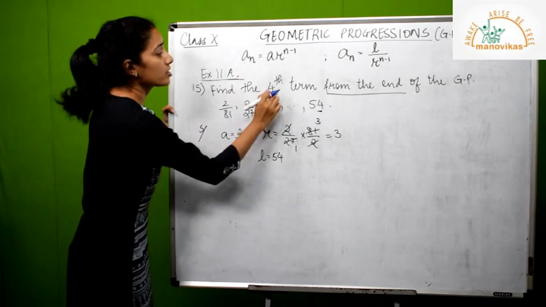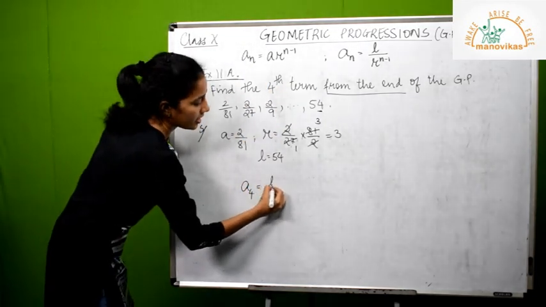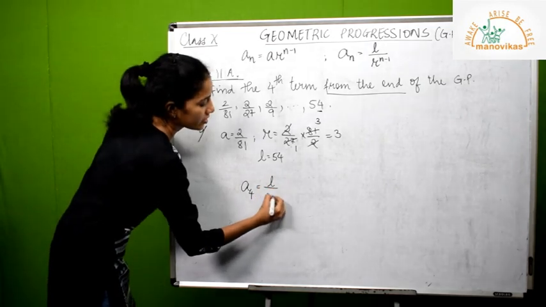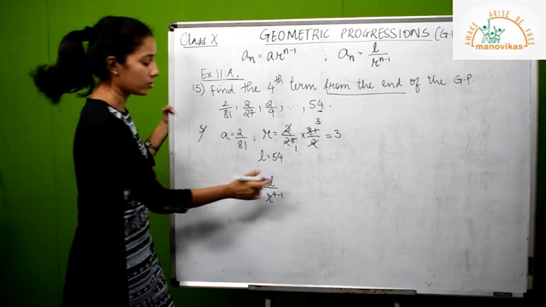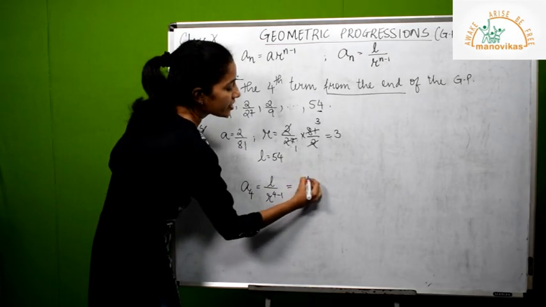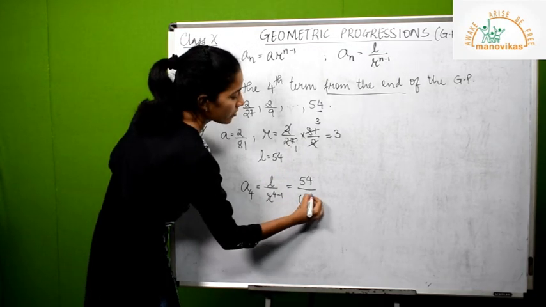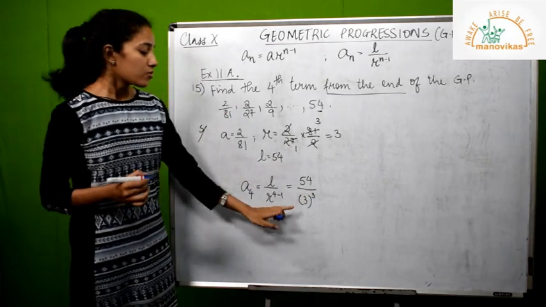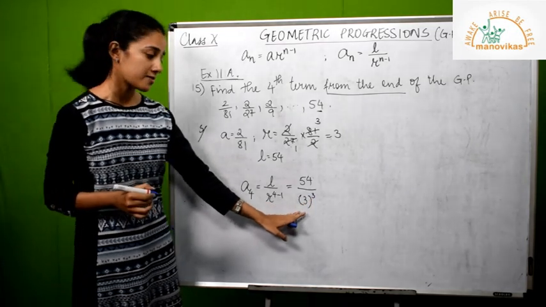So therefore, the fourth term from the end, A4 from the end, is L divided by R raised to 4 minus 1. In place of n, I write it as 4. So L is 54 divided by R, which is 3, raised to 3. Know that when you're using the index, please use brackets.